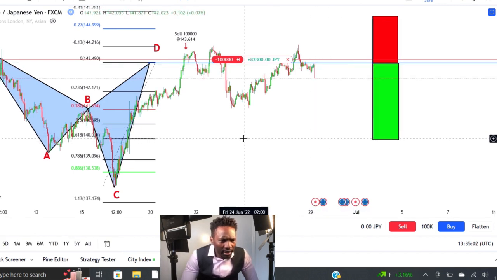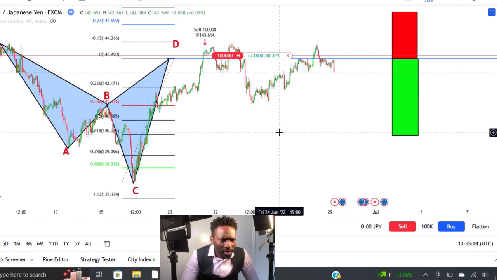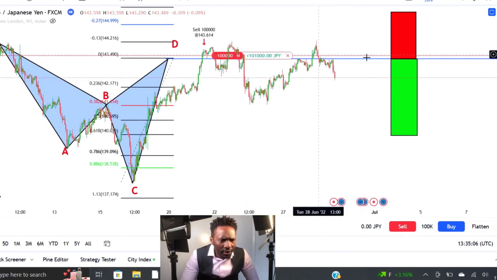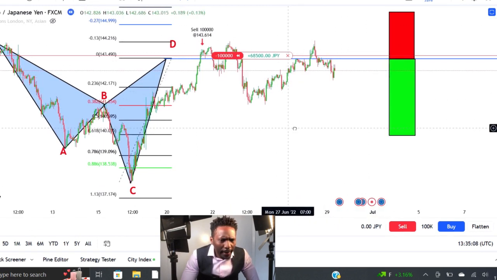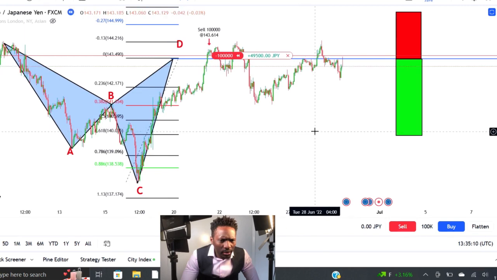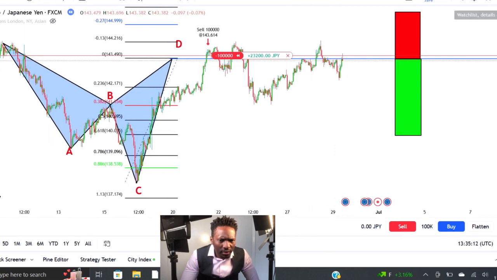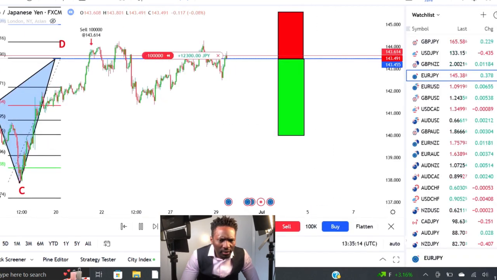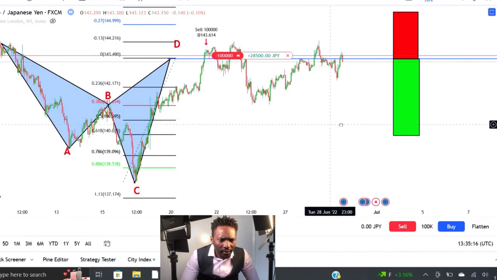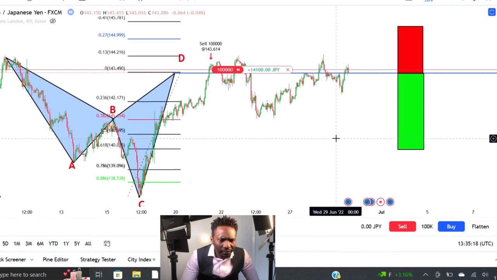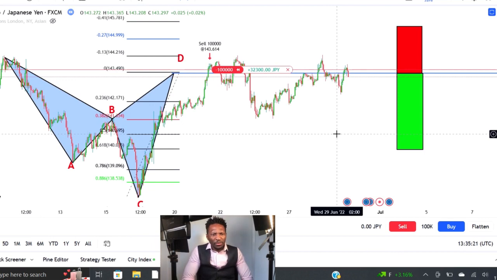Let's see what the market is going to do right now. Still in profit, still hovering around the entry point, but I do expect this market to head down to the profit target. We're going to get there, hopefully.